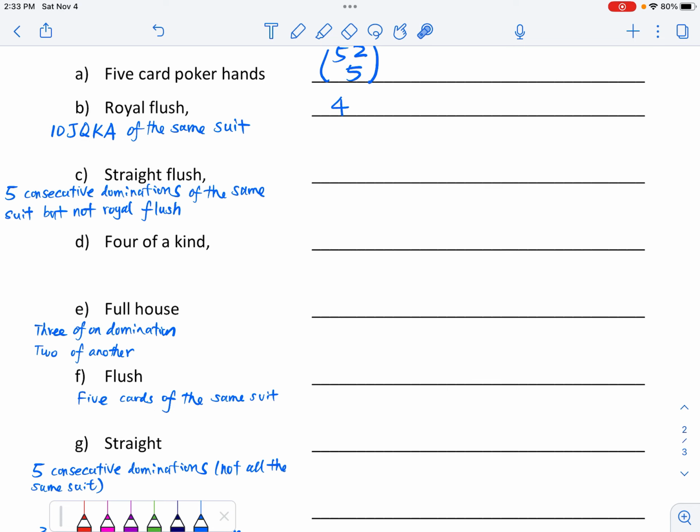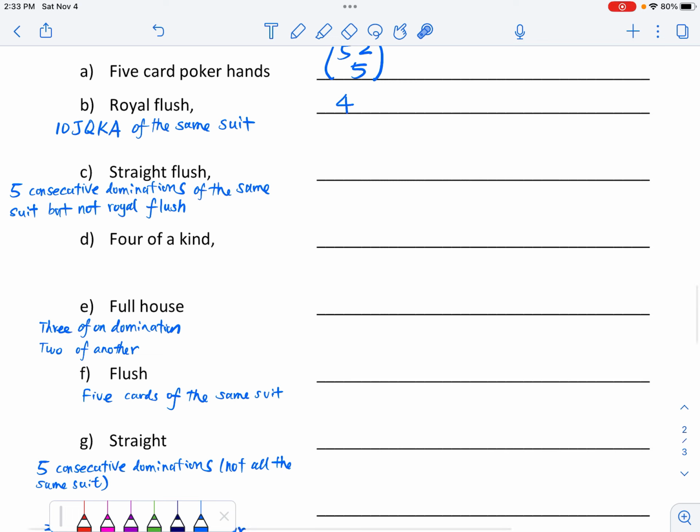A straight flush. What is a straight flush? 5 consecutive denominations of the same suit, but cannot be a royal flush. So for instance, if you have diamond ace, 2, 3, 4, 5 in diamond, then this will be considered a straight flush.